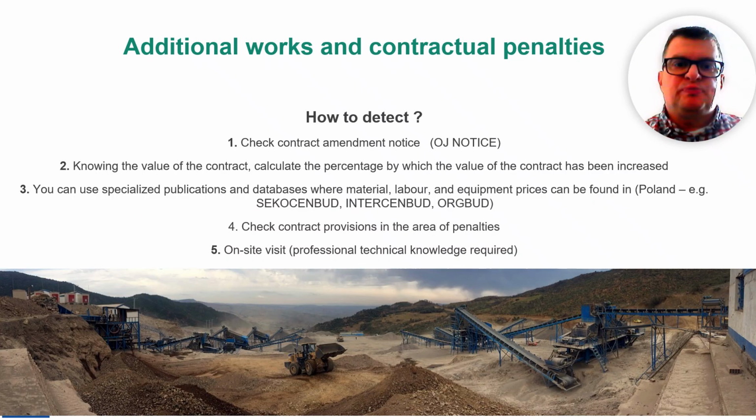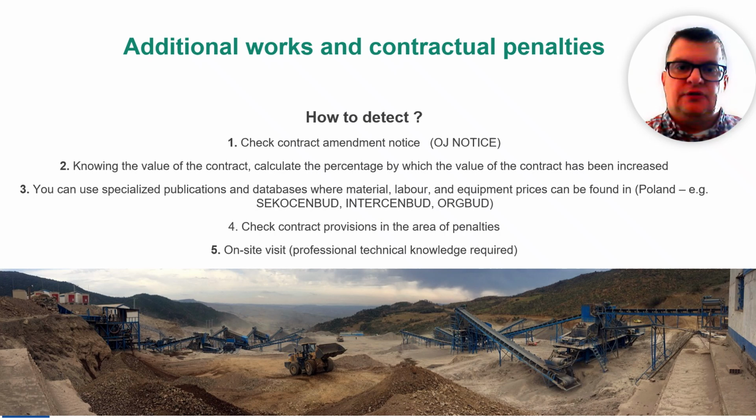So how to spot additional works and contractual penalties? First, look at the contract amendment notice. That's the official OJ notice. Then check the contract value and work out by how much it's gone up in percentage terms. To see if the increase makes sense, you can also use specialist publications and databases that list prices for materials, labor, and equipment.